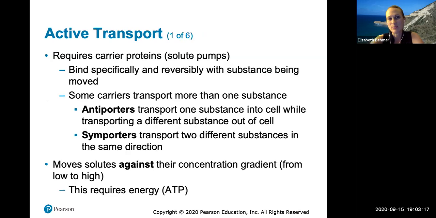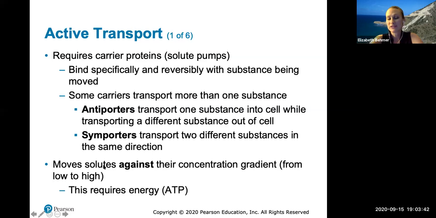They require ATP. Some of them will require carrier proteins, and we call those pumps. Some carriers transport more than one substance at a time. We call them antiporters if they're going in opposite directions, one into and one out of the cell. They are symporters if it's a pump that transports two different substances in the same direction.